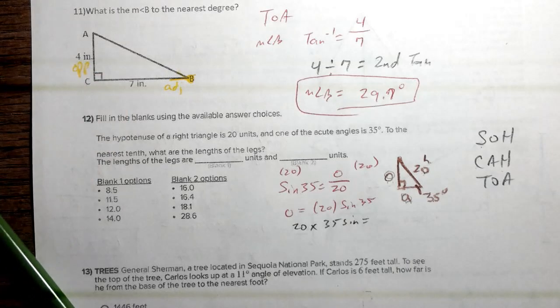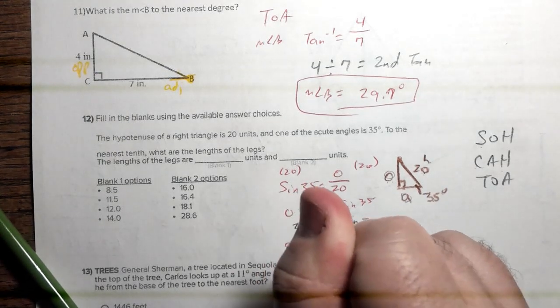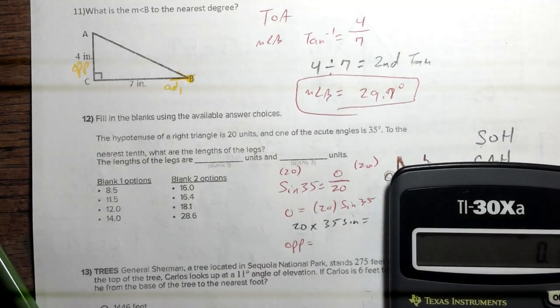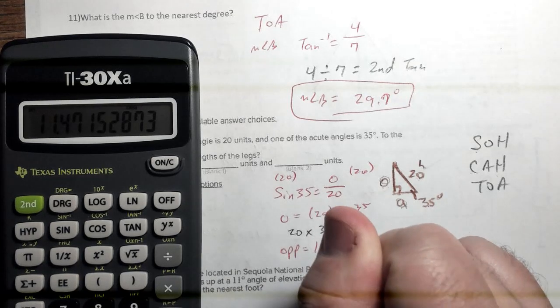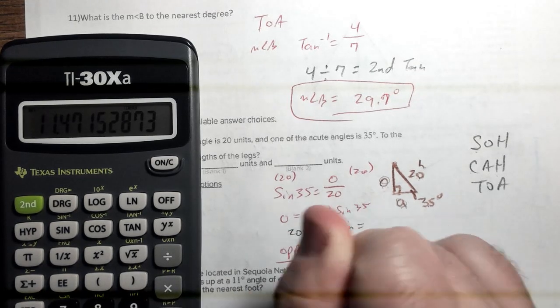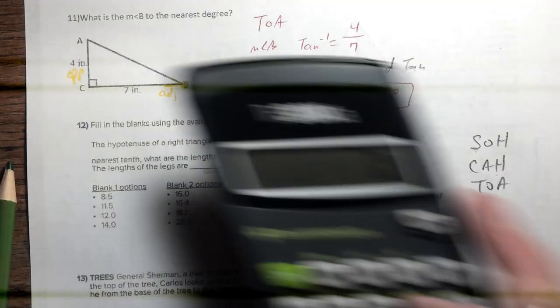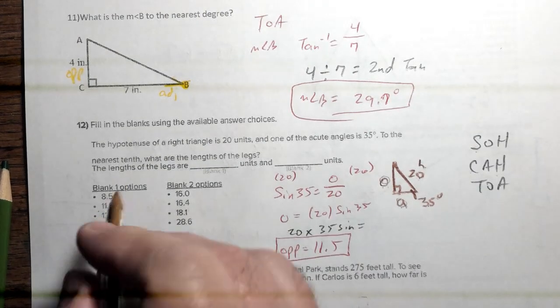Okay, so our opposite side equals 11.5. Okay, so 11.5.